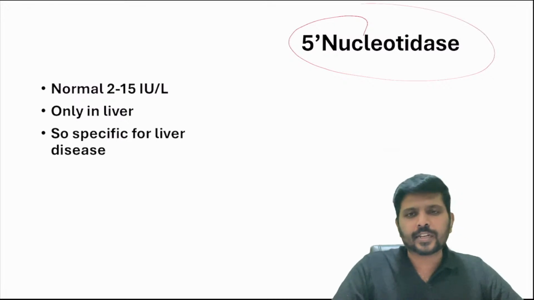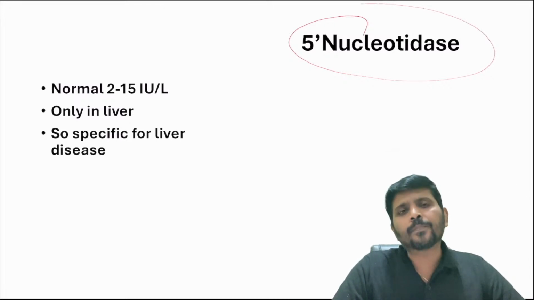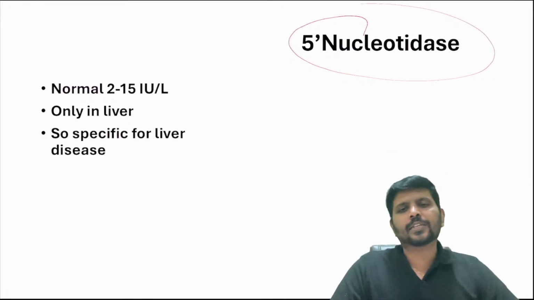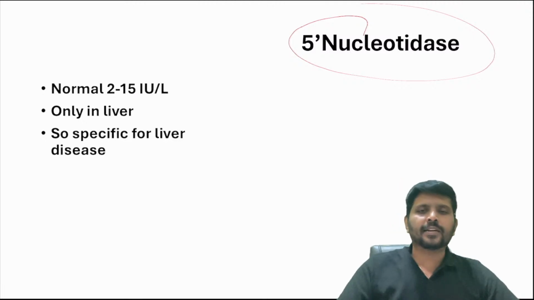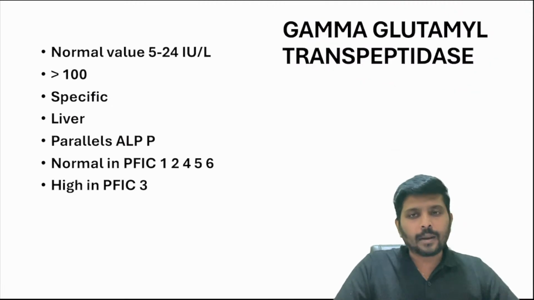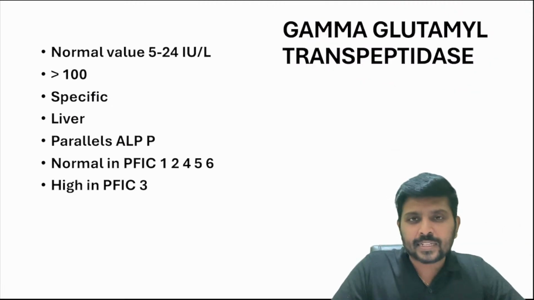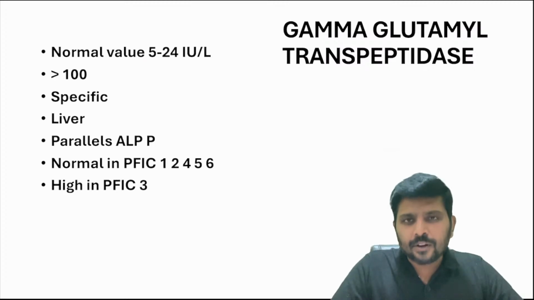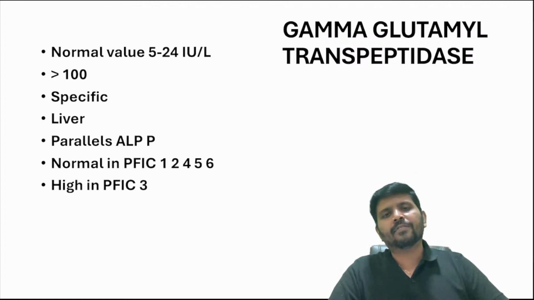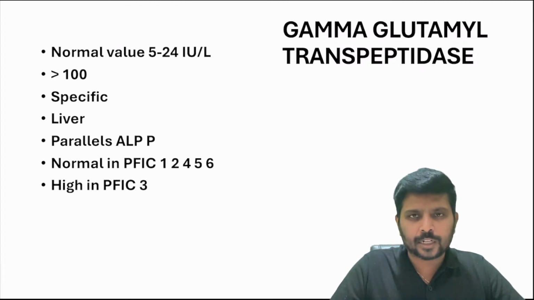5-nucleotidase is a costly test we often don't do, but elevation of 5-nucleotidase is specific for bile duct injury. Gamma glutamyl transpeptidase, as it was discussed, confirms whether that alkaline phosphatase elevation is due to liver injury or not.